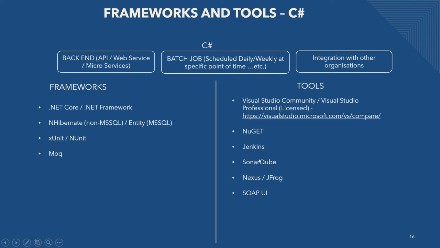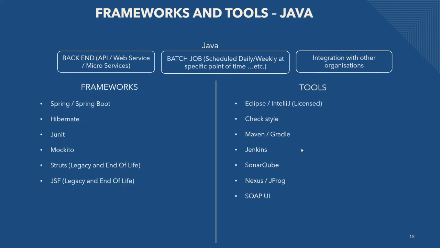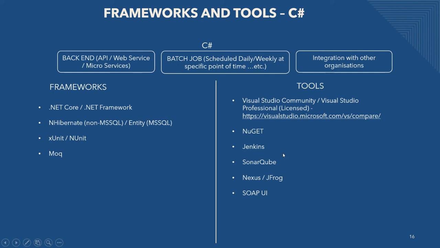SonarQube validates the source code, verifies the number of unit test cases passed, and sends it back to Jenkins. Once everything is good and the quality is good, Jenkins will decide to move that DLL file. While Java has a jar file, C Sharp code mostly produces a DLL or binary file, which will be sent to Nexus or JFrog, and that's it pretty much. And SoapUI is there for validating the web services testing.